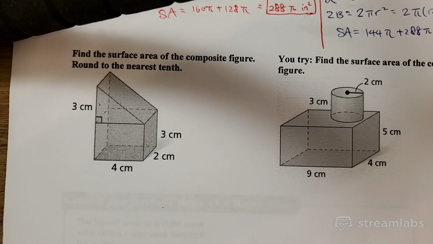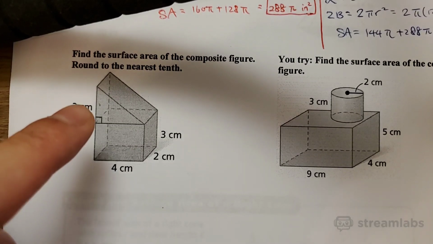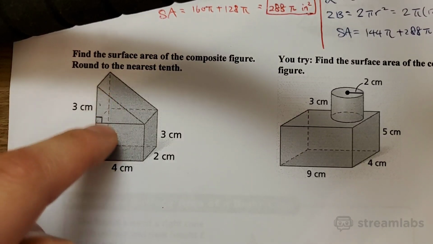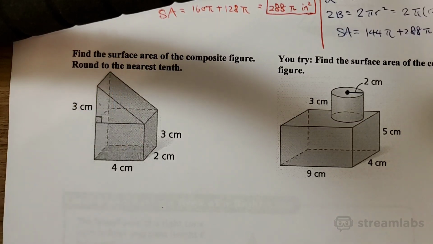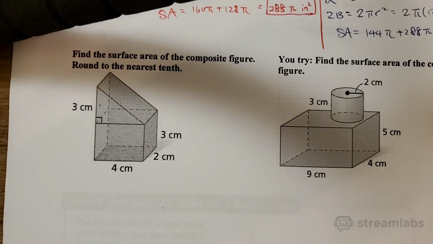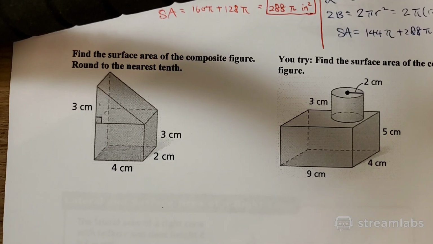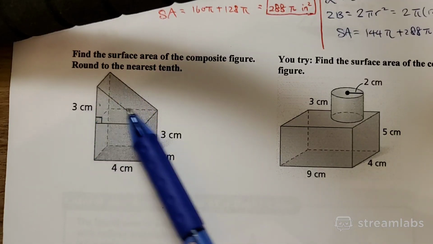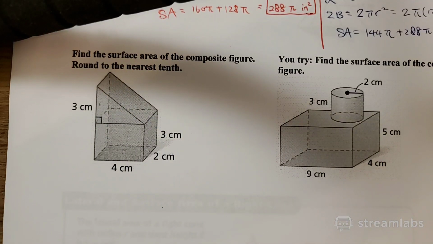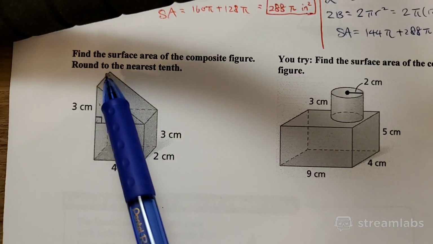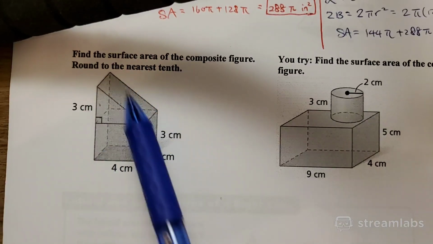The question is, can I calculate the surface area individually and then add them up to get the total surface area? So you know how in volume we can do that? We can calculate the volume of this, we can calculate the volume of this, and we add them up to get the volume of the whole thing. Can I do the same thing for surface area? I calculate surface area at the top, surface area at the bottom, and then add.